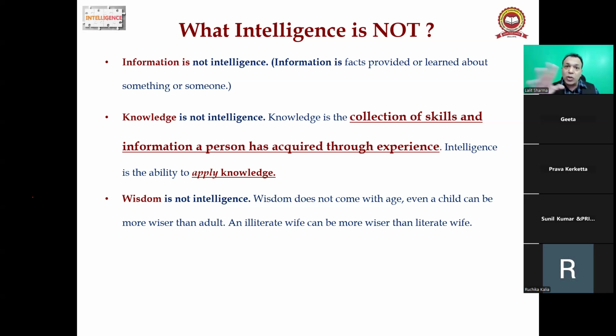You can't say that if a person is not a BA, MA or MSc, and on the other side an illiterate person, he can be more intelligent than a literate person.